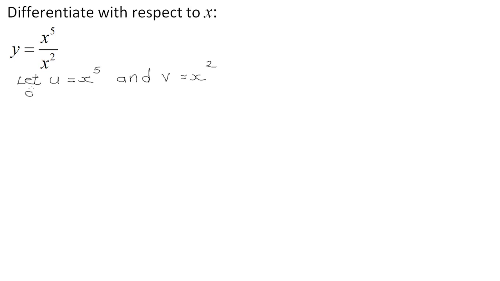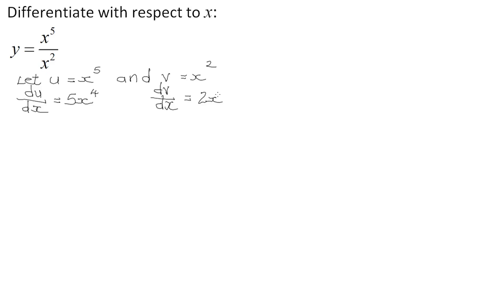And then people, exactly the same procedure as it was the case with your product rule. du/dx is equal to 5x to the power 4 and dv/dx is equal to 2x, obviously to the power 1.